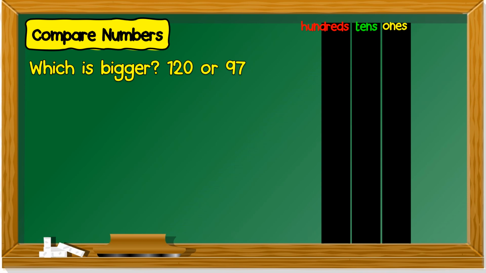For example, for 120, you put 0, 2, 1, and 97, you put 7 first, then the 9 in tens. So you look. For 97, there's no hundreds. So which is bigger? 120.